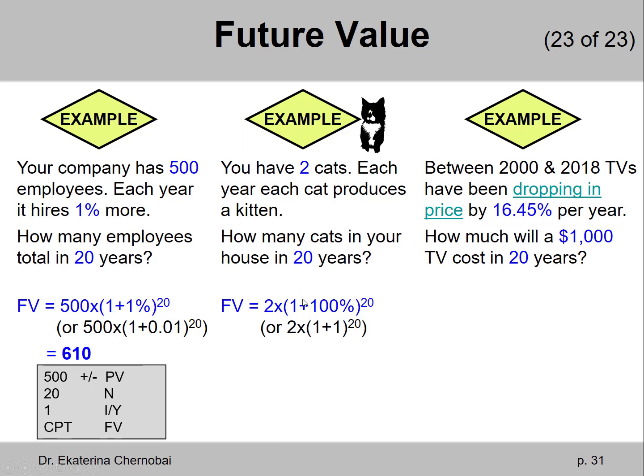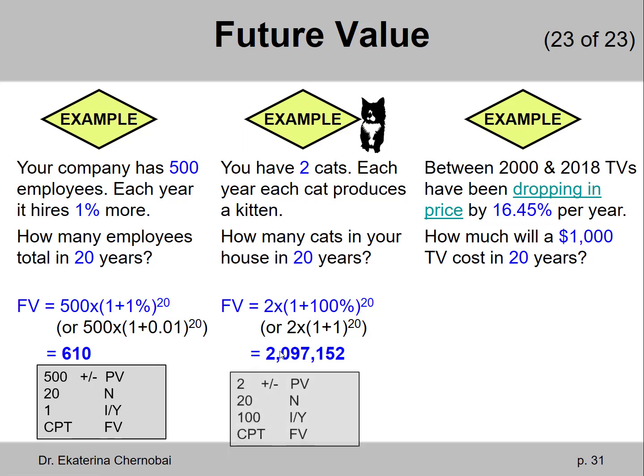That's the equivalent of the interest rate when we work with money. The answer will be not hundreds of cats, not thousands of cats, but a little over 2 million cats. 2,097,152 cats. That's in your teeny tiny apartment. And these are the financial calculator keys. And the last example.